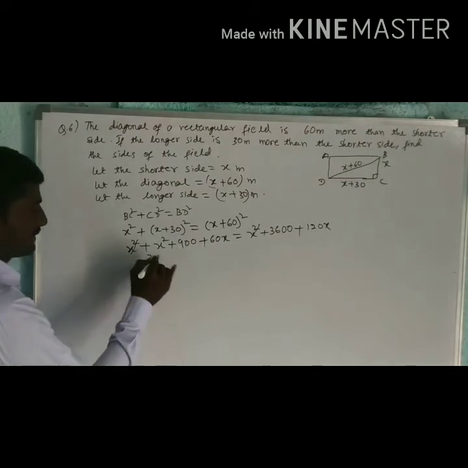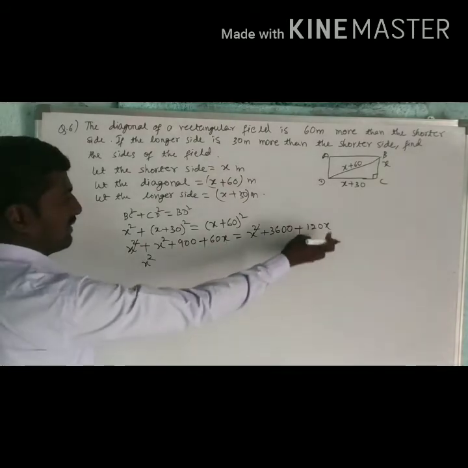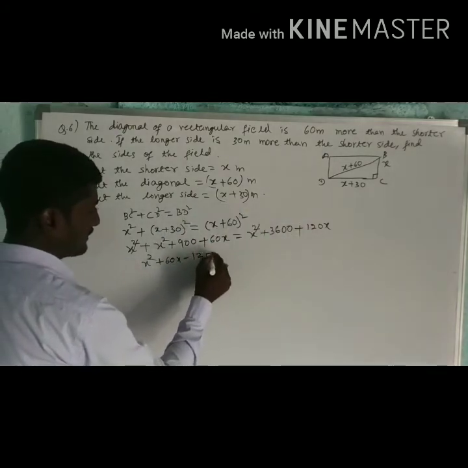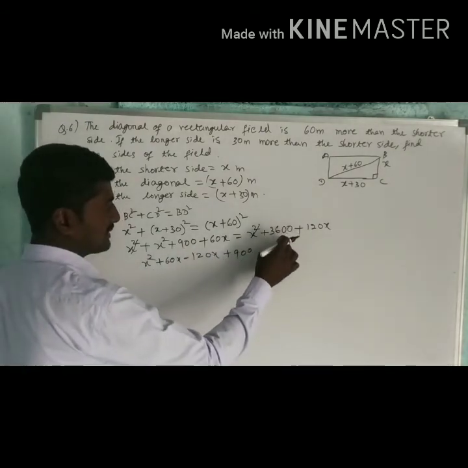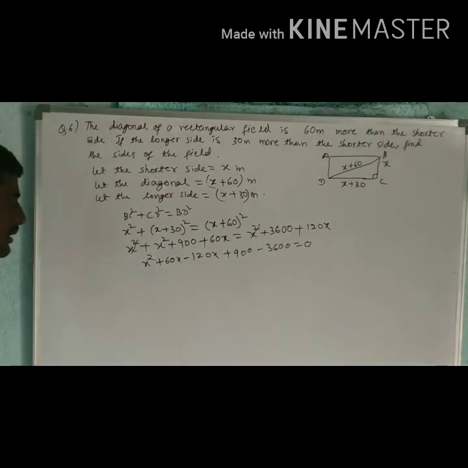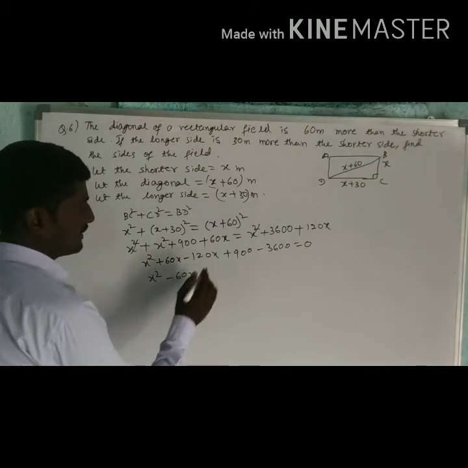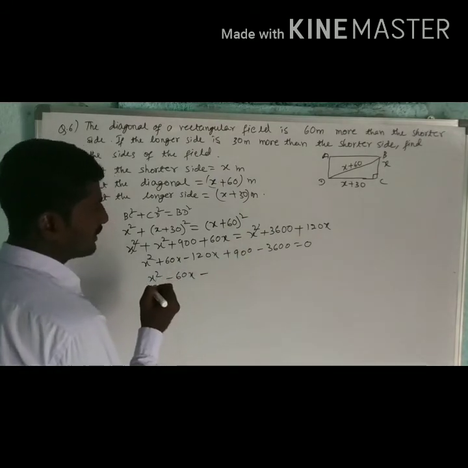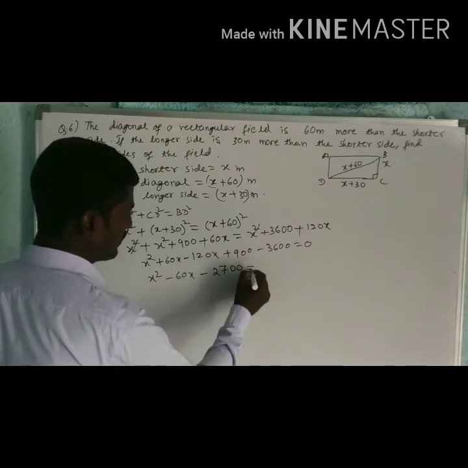Now here x square and this x square will get cancelled. Now I'll take this to this side, plus 60x minus 120x. Remaining constant, plus 900 is there, and that side constant, minus 3600, is equal to 0. Now this is minus 60x, and here is minus 2700.